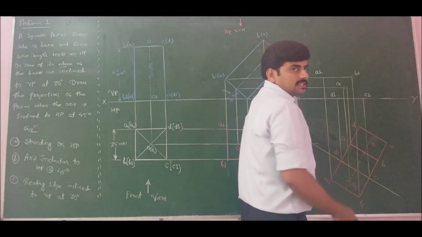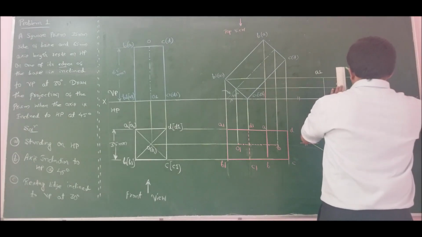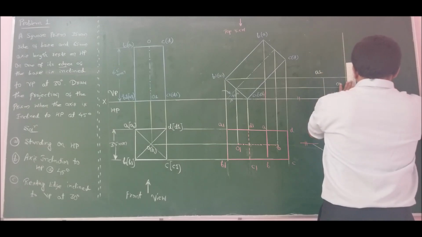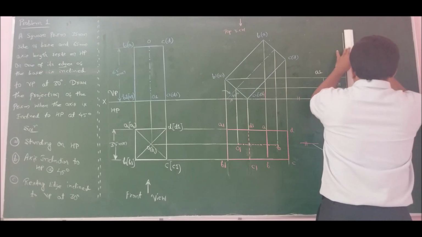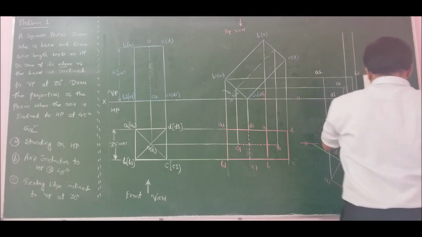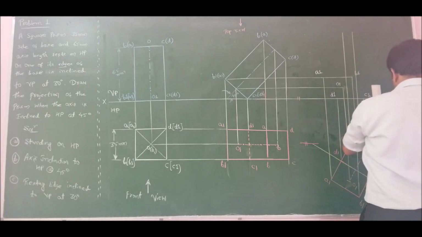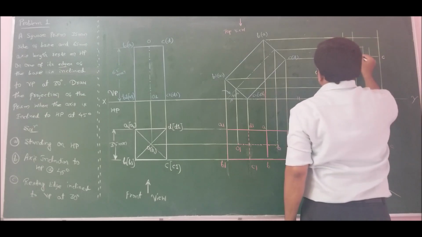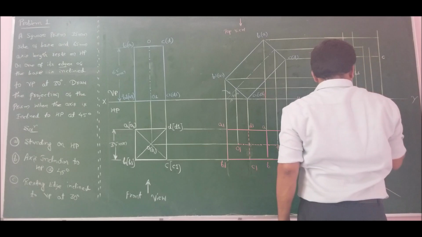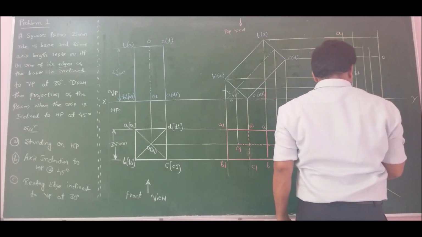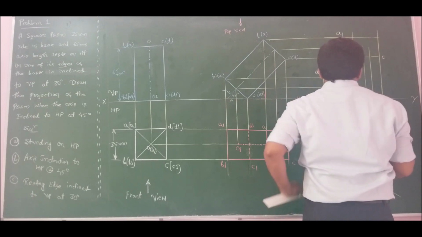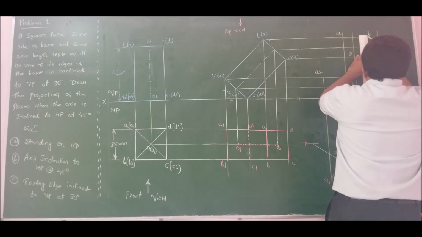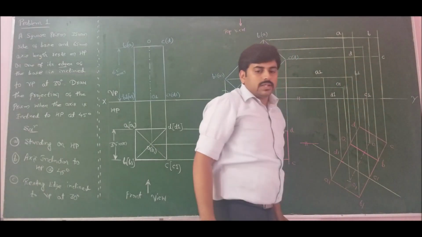Now take the vertical lines from the top face. The marking which I'll get, this is C and I have D. Similarly, this will be A and this will be B. So erase the unwanted lines.